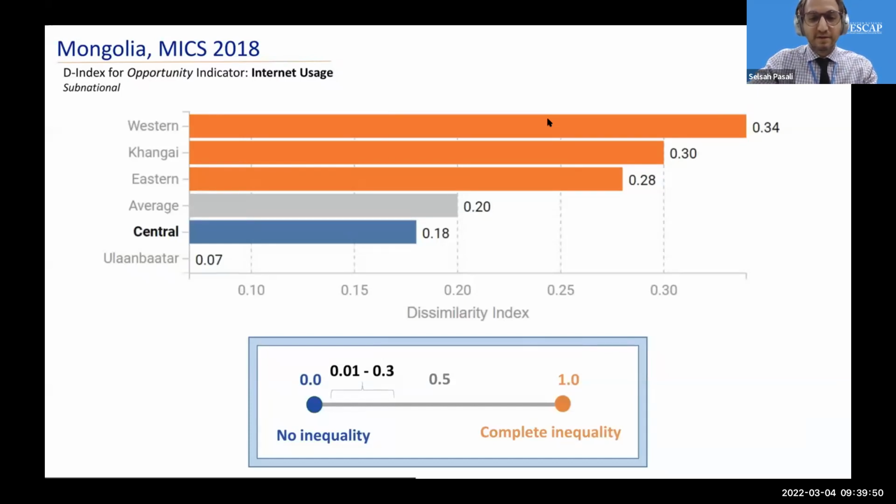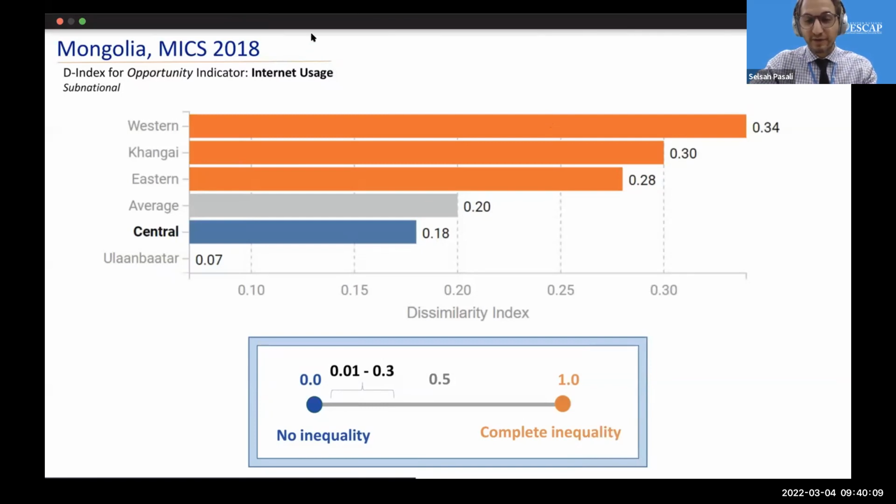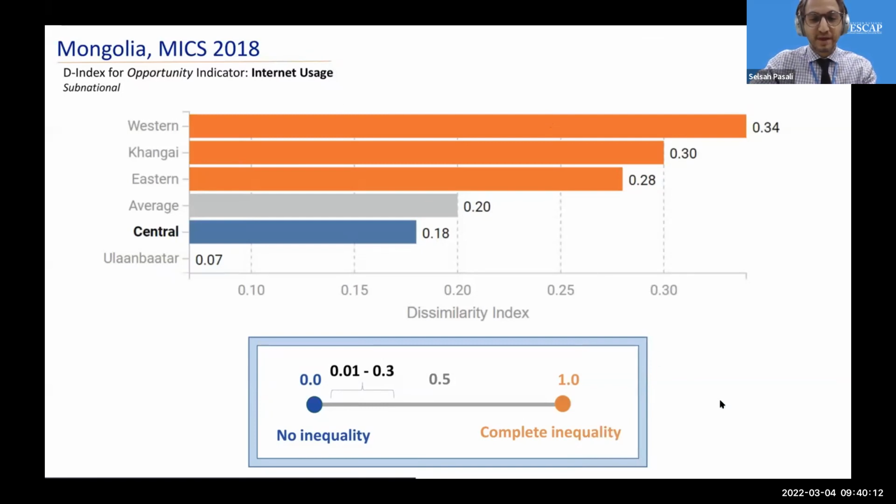There are three regions, Western, Khangai, and Eastern, where there's a higher than average D-index when compared to the national level, while Ulaanbaatar exhibits the lowest inequality. Recall that where coverage is high, inequality is low. They're very much related to one another. Now, given the common range of D-index between 0.01 and 0.3, we note that inequality in internet usage is considerably high in the Western region, where usage was also lowest.